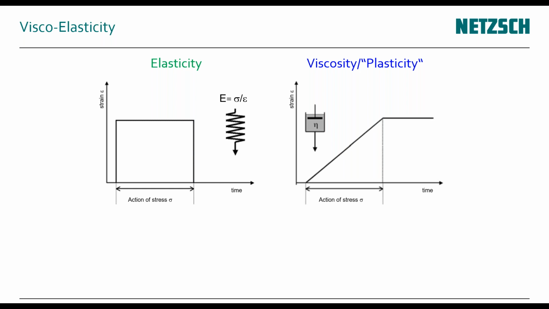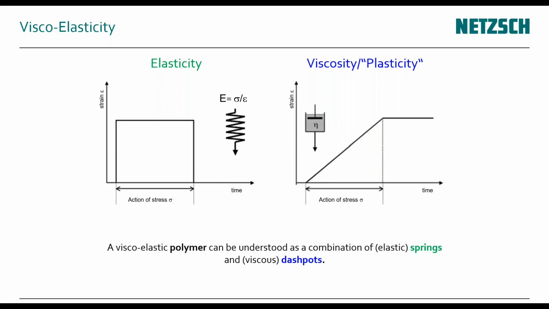It doesn't just instantaneously deform, but you will have a strain coming up. And if you take away the stress after a while, the strain will just stay. So this is an irreversible effect. This is not the opposite of elasticity, but you can see they show some different properties of your material.